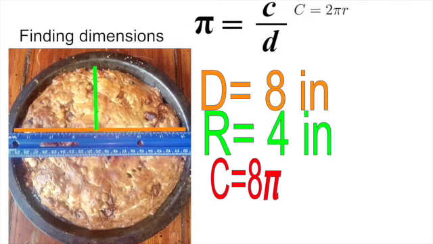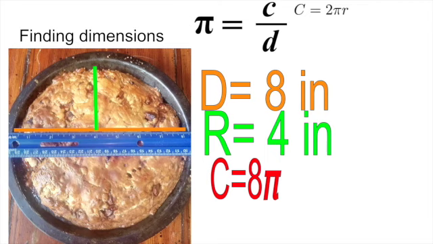Now, what's my circumference here? My circumference is going to be equal to pi times the diameter, or 2 times the radius times pi, right? So here, since my diameter is 8, or 4 times 2 is 8, my circumference is going to be 8 pi, right?